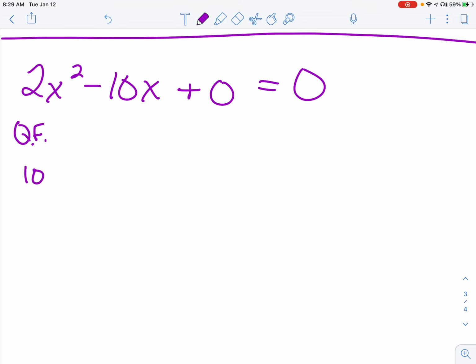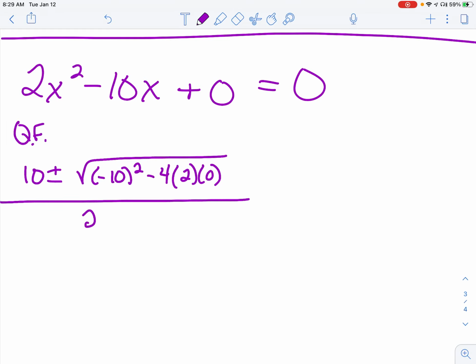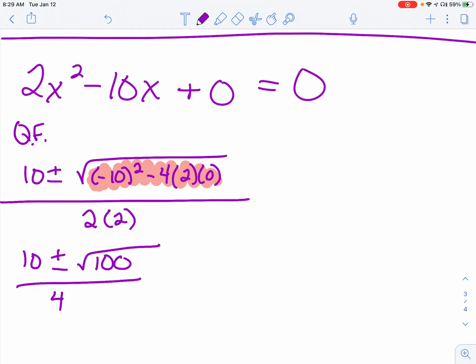So opposite b plus or minus square root of b squared minus 4ac all over 2a. When you put that in your calculator, I'm pretty darn certain you're going to get 100 over 4.